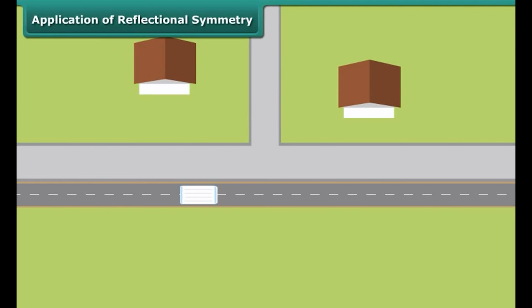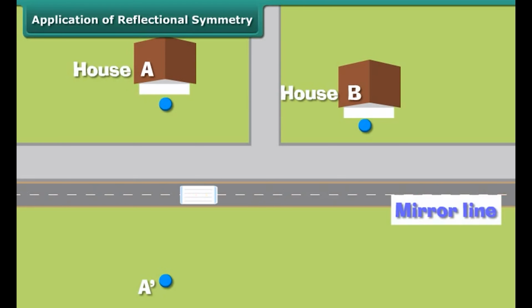Shyam, a milkman, wants to park his van at some point on the street and distribute milk to houses A and B. Can you suggest him where should he park his van so that his walking distance from the street to the houses A and B will be least? Let us find out. We can use reflectional symmetry here.